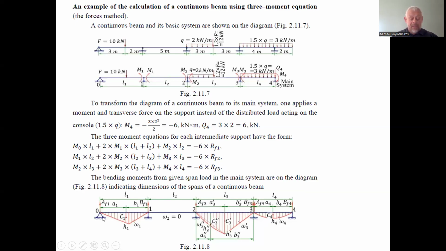If we are talking about the triangle shape of the diagram, the factor is just a half, so the grade 1 by 2. Here the grade is 2 by 3 for the parabolic shape of the bending moment diagram.